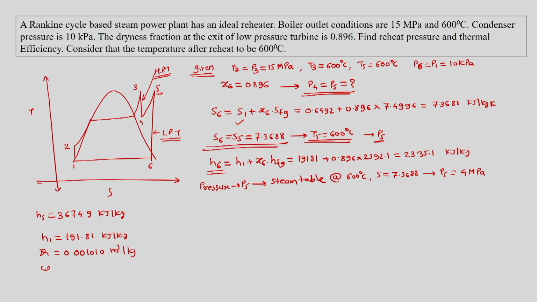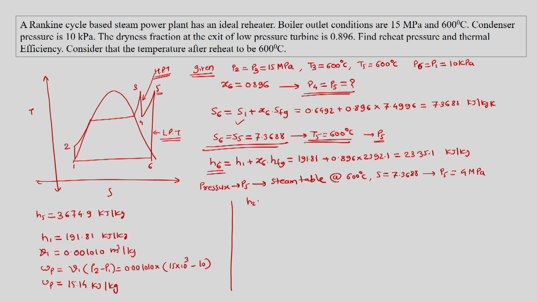So we can find out pump work as v1 into P2 minus P1. So 0.001010 into P2, which is 15 into 10 to the power 3, minus 10. So this gives kilojoule per kg. So pump work turns out to be 15.14 kilojoule per kg.